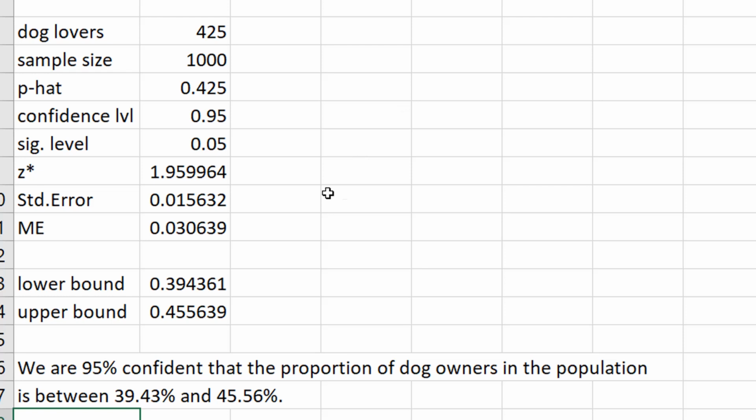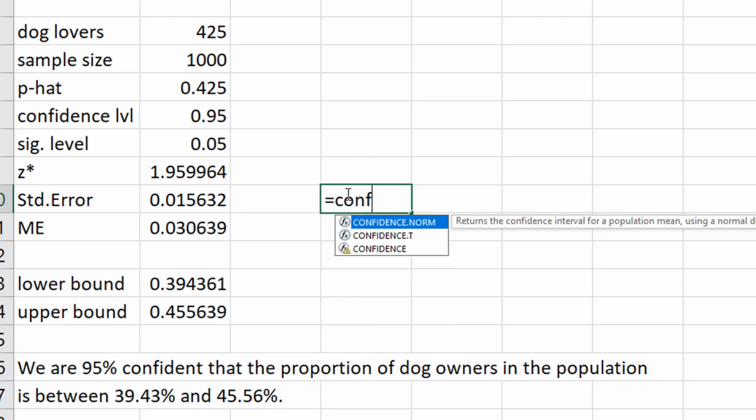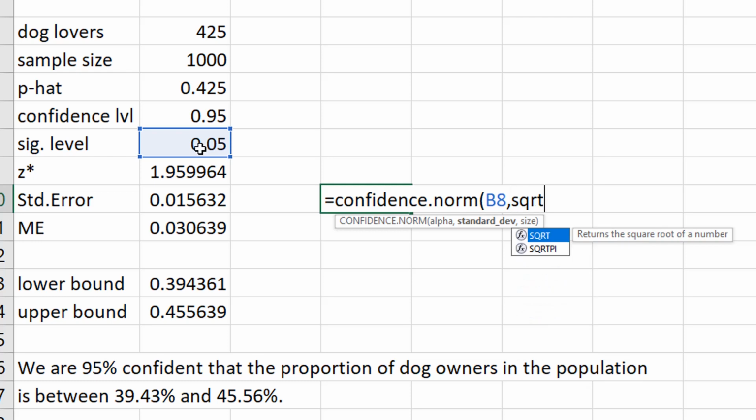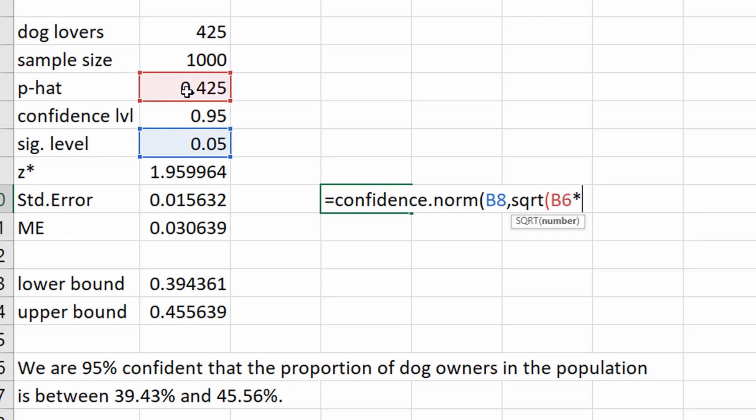Now, we can also use a confidence.norm function. I give it alpha, and give it the standard deviation, which isn't so easy. I have to give it the square root of p hat times 1 minus p hat.